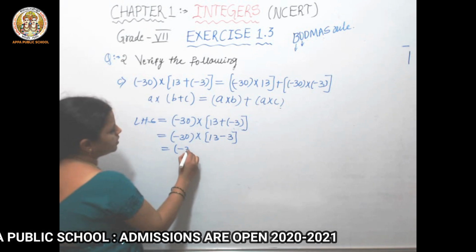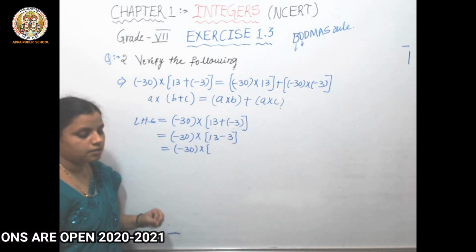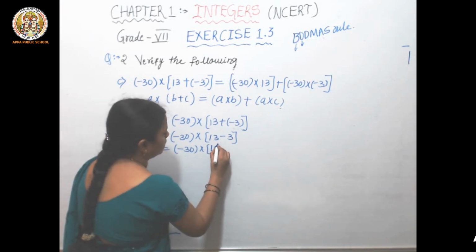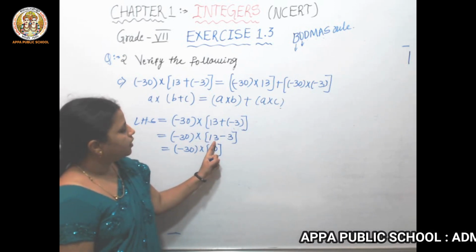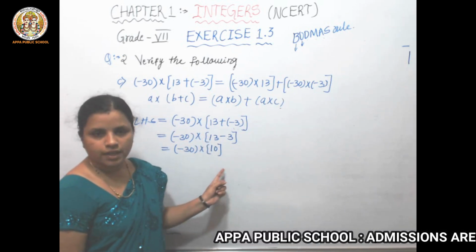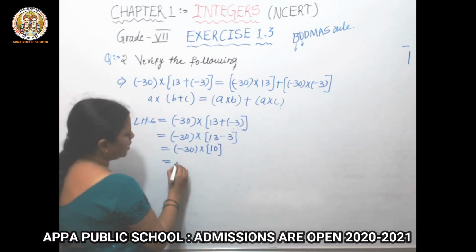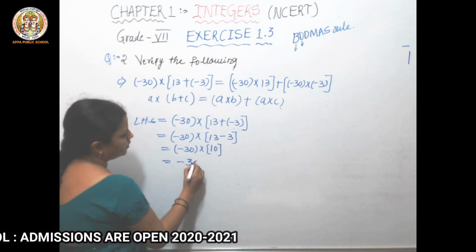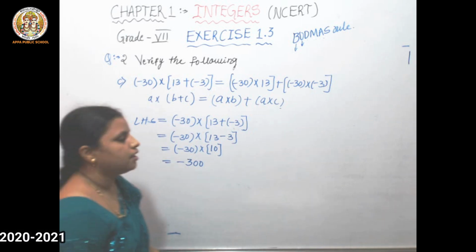Now, minus 30 into (13 minus 3). 13 minus 3 is 10. It is plus 10 because here the bigger number is with the positive. Now, plus into minus is minus, 30 into 10 is 300, so minus 300. Clear? This is regarding the LHS.